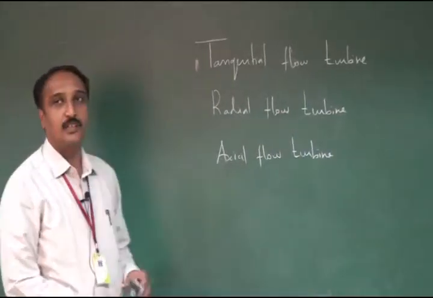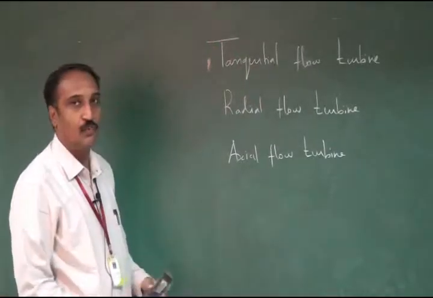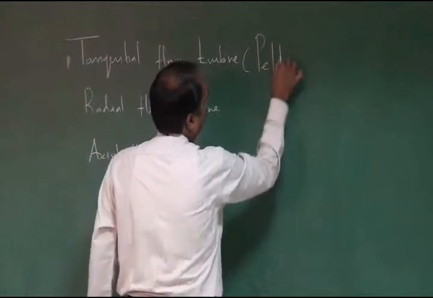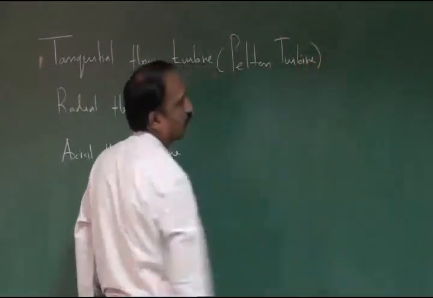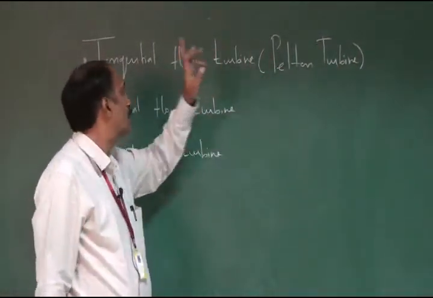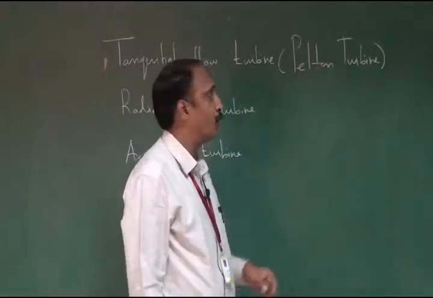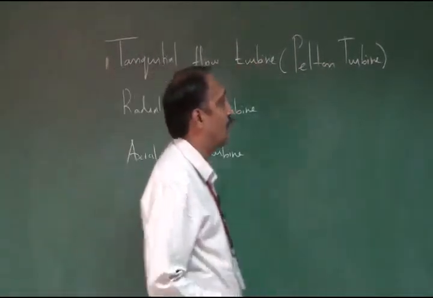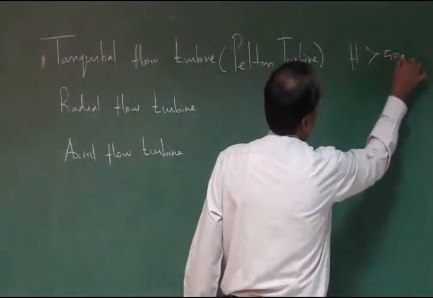When the flow is tangential to the runner wheel, it is termed a tangential flow turbine, which is also called a Pelton turbine. Pelton is the engineer who first developed this design, hence it is called a Pelton turbine. This turbine is suitable for an available pressure head of more than 500 meters.